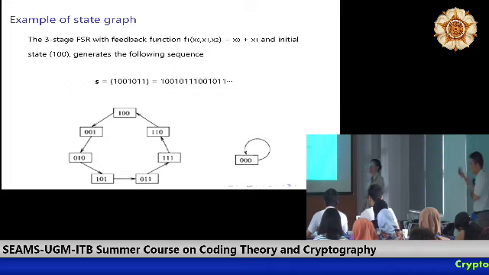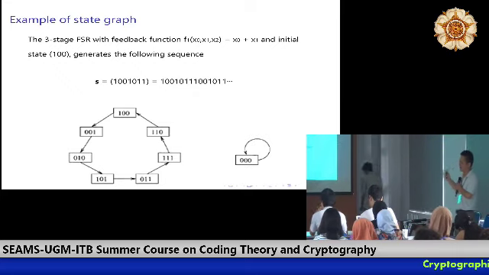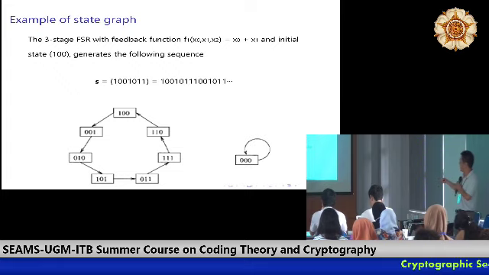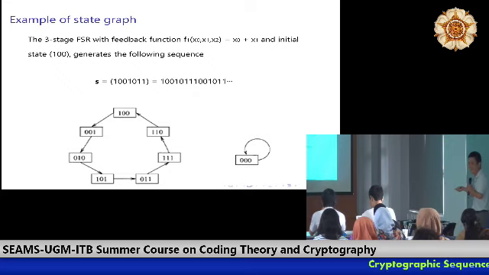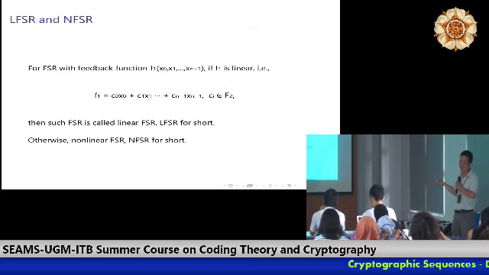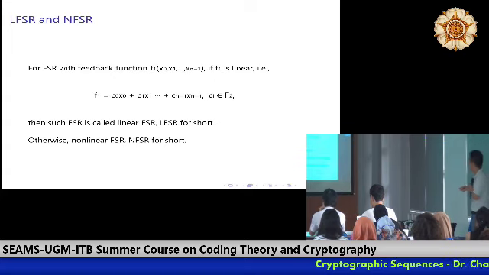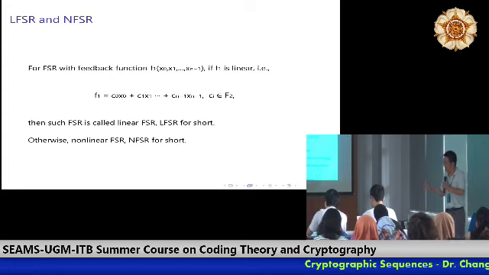So there are two parts: one part is LFSR, and the other part is NFSR. LFSR is simple, and NFSR is complicated. There are a lot of results about LFSR and fewer results about NFSR. For now, we consider the LFSR.